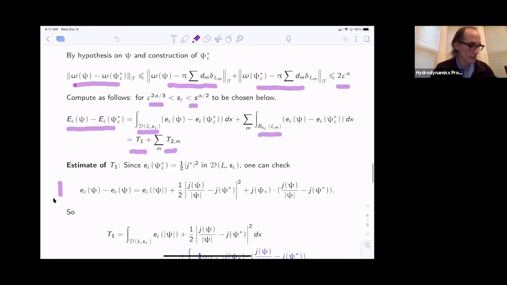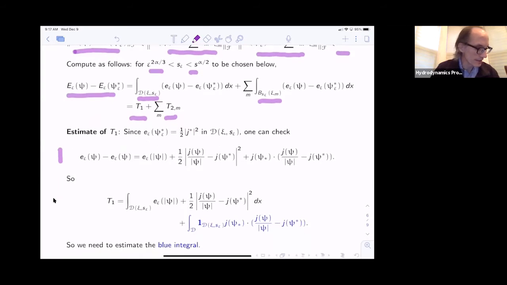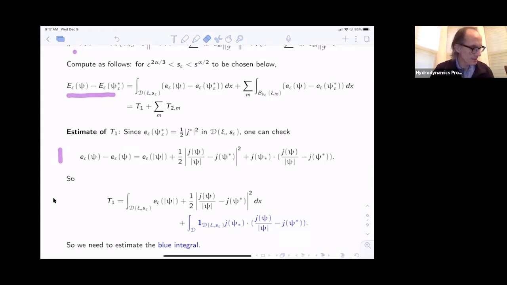So my goal is to show that, what the theorem says, in fact, is that this difference is bigger than the integral I have here on the right.